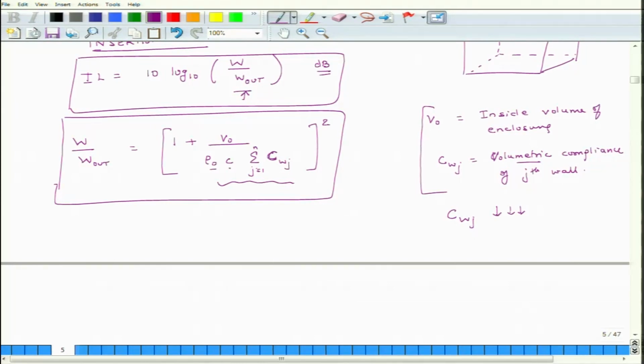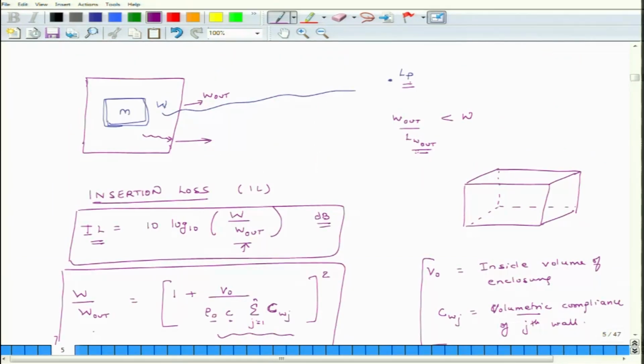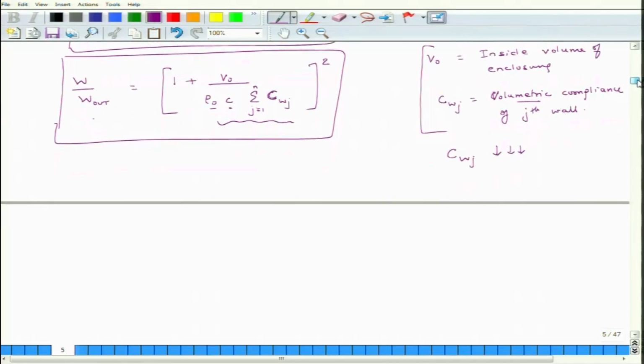We also know the speed of sound inside the enclosure, and if we can somehow calculate CWJ, the compliance of the jth wall, and add them up, then we can calculate W by W naught. Once we know that, we can calculate insertion loss, and once we know insertion loss, we can know LW out, and once we know LW out, we can calculate LP. So, that is how the process is going to work out.